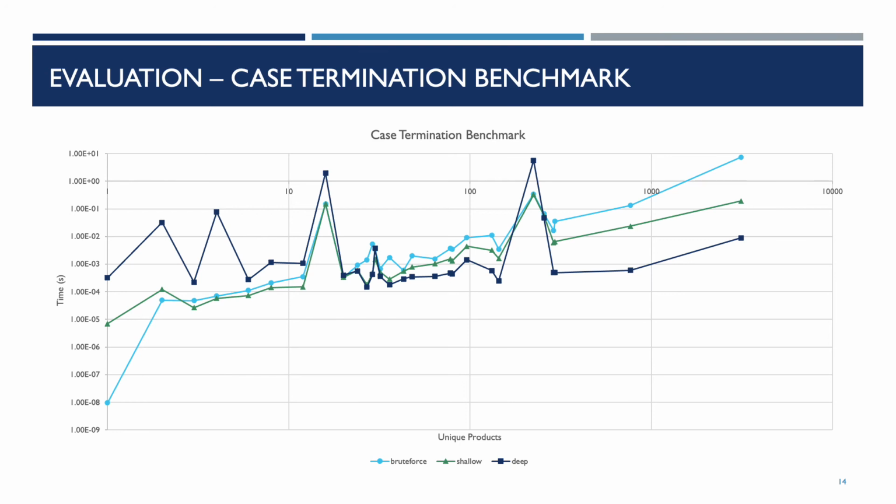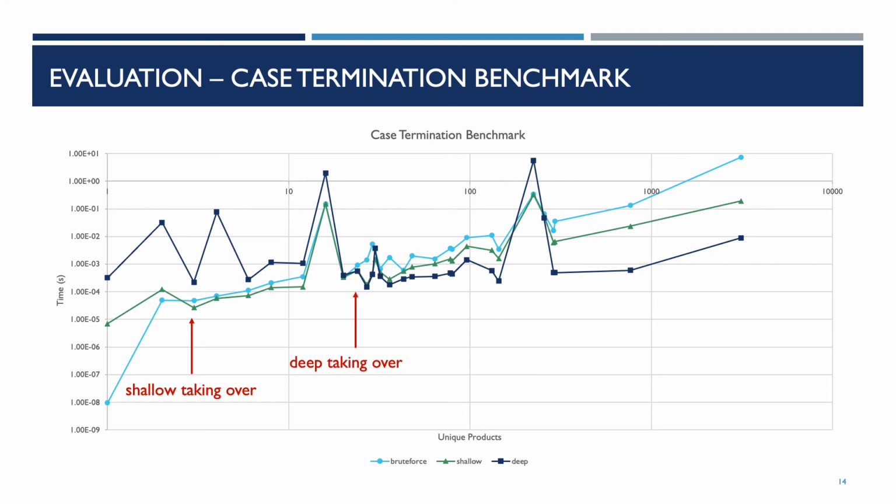The y-axis is analysis time in seconds, and both axes are in log scale. As we can see early on, with a very small number of product variants, brute force is outperforming both shallow and deep lifting. But as we reach the point of about maybe 5 product variants, shallow lifting starts outperforming brute force.